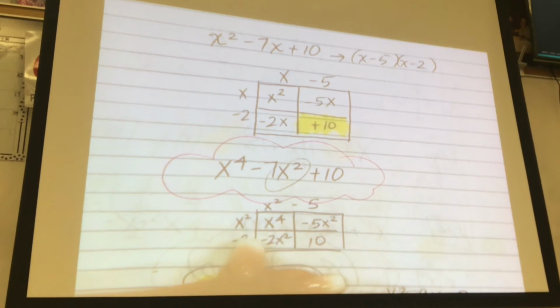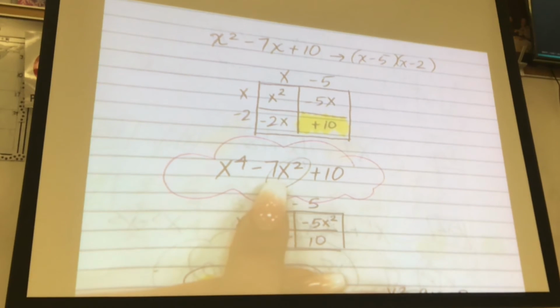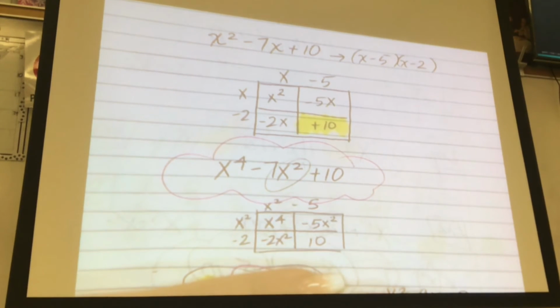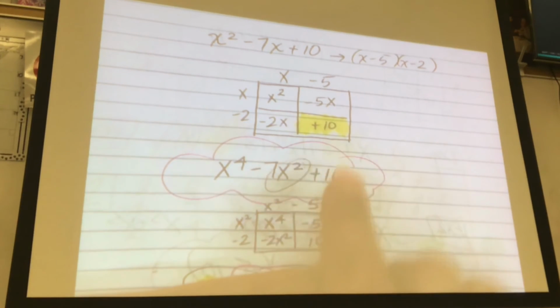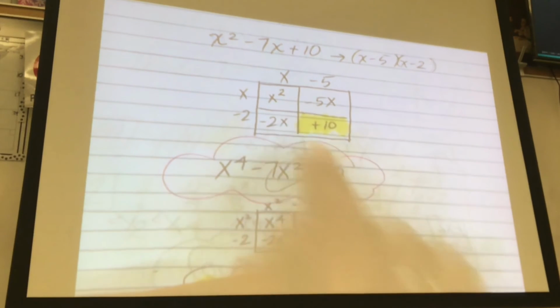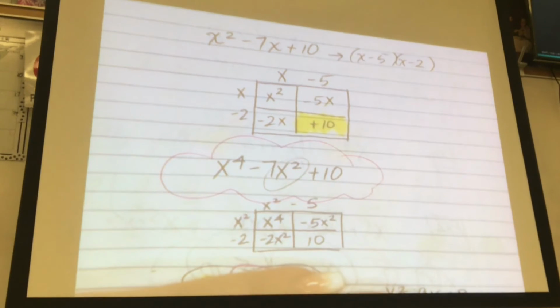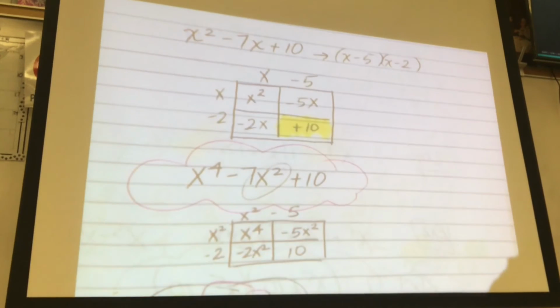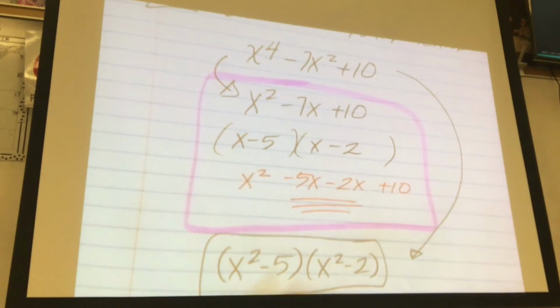Negative 5x squared and negative 2x squared is negative 7x squared. The reason it's called quadratic form is because it is the same form as a quadratic except with different middle terms. Everybody with me? Questions on quadratic form? How are we feeling, Samantha? We're okay? So let's do a couple of examples together.